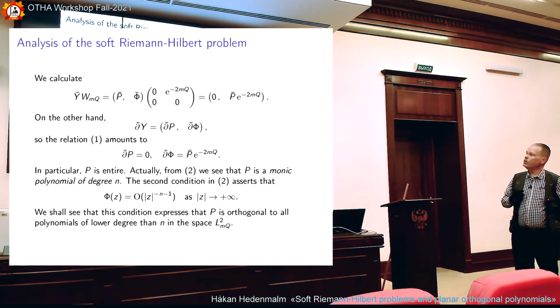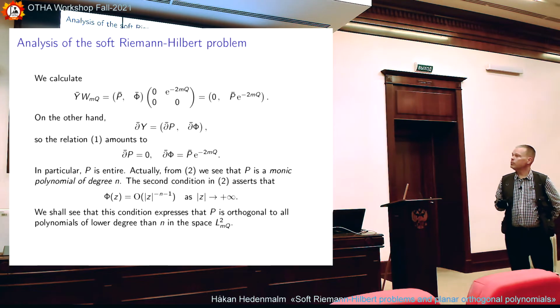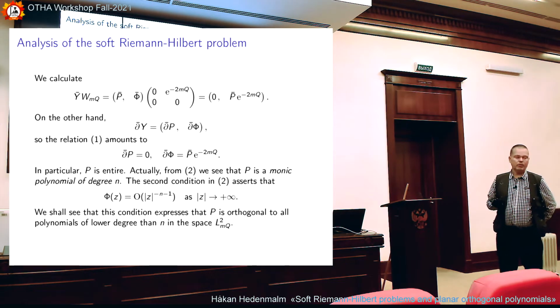So our equation 1 says that d bar of p is 0, and d bar of phi is this given expression, p bar e to the minus 2 n q. So if d bar of p is 0 everywhere, it means that the function doesn't depend on z bar, so it depends only on z, and that means it's an entire function.